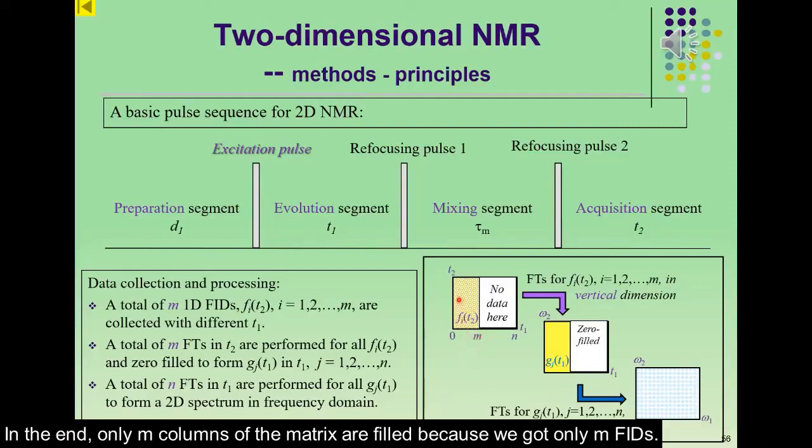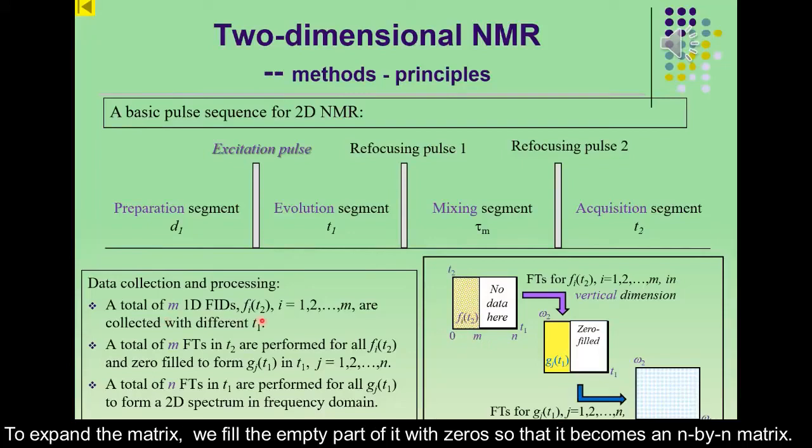In the end, only M columns of the matrix are filled, because we got only M FIDs. To expand the matrix, we fill the empty part of it with zeros so that it becomes an N by N matrix.